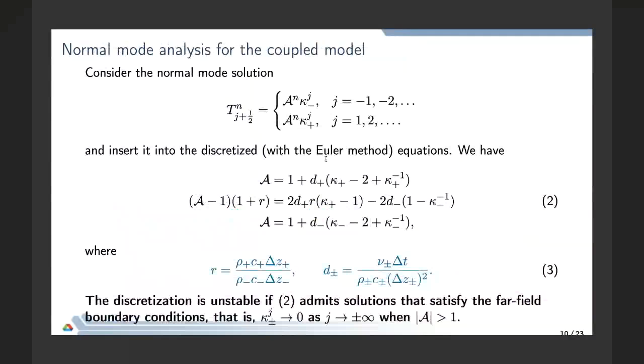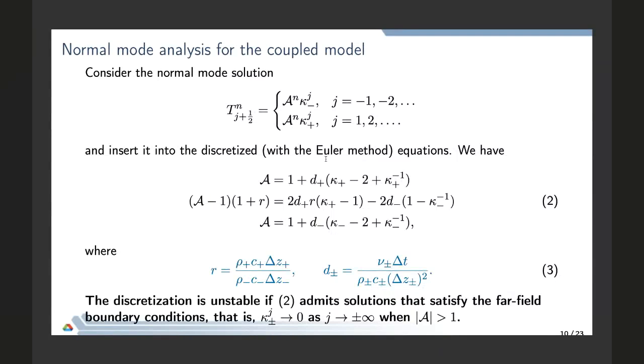So following the same idea, the first thing we did is to revisit the same stability analysis. We also used the normal mode analysis to study the simple model I just showed in the beginning. First we consider a normal mode solution.